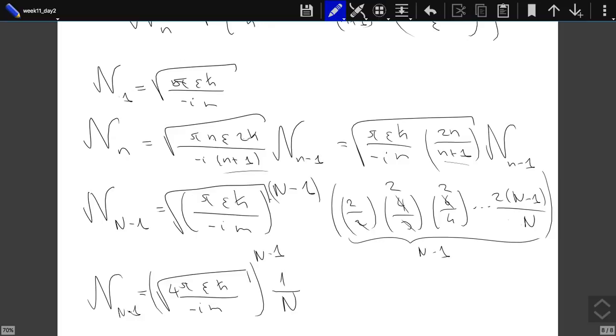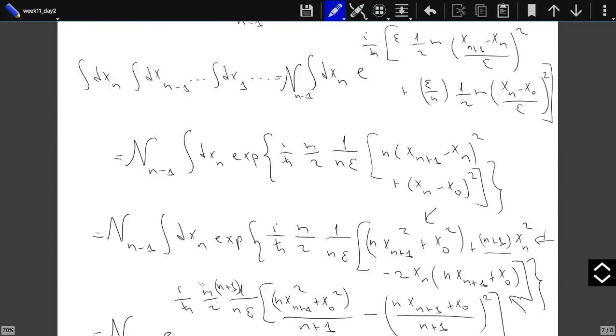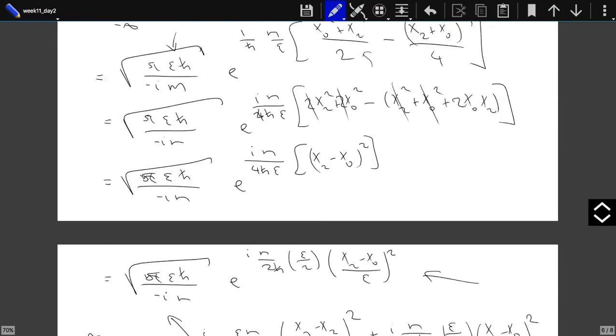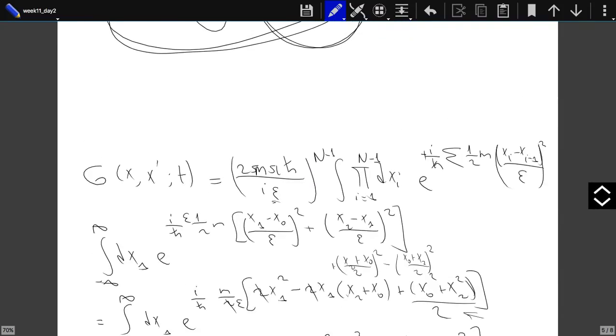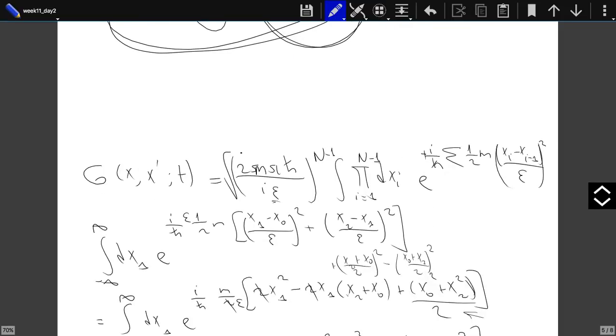Now finally we can combine everything. This will be equal to, let's go all the way back. Now here we also have a square root, which we forgot, because remember, that factor comes from the Gaussian integral, which contains that square root.